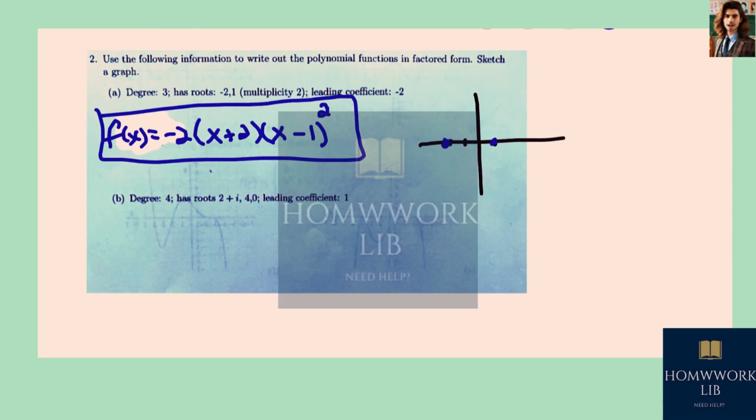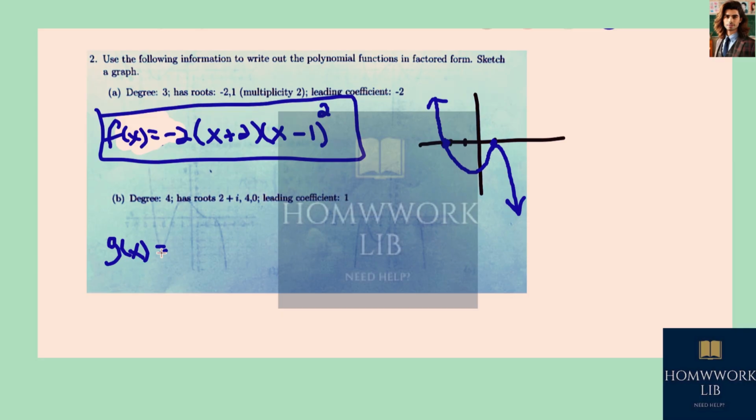It's going to touch and turn around at 1, and so it's also going to be decreasing because the end behavior has to be ultimately going negative. So it could look like this. It goes through -2 and then comes back around at some point, and then it's going to touch and turn around at 1 because of the degree 2. So there's a sketch of what it could be looking like.